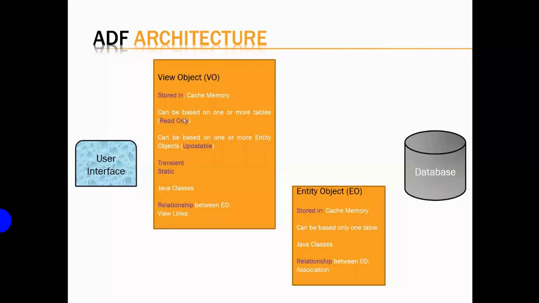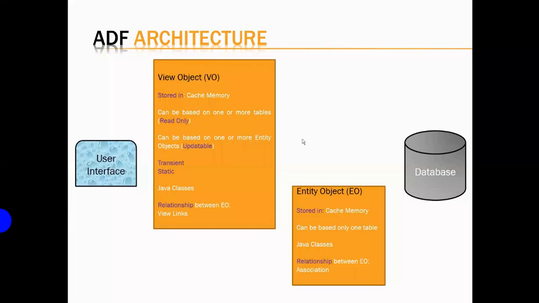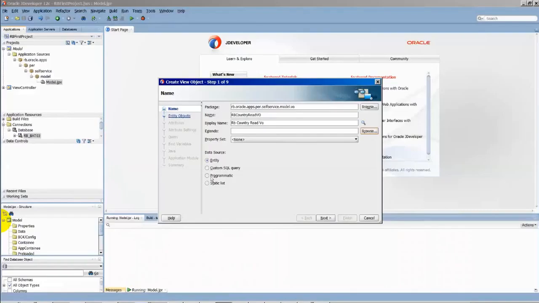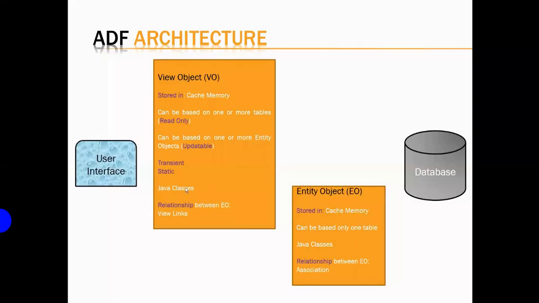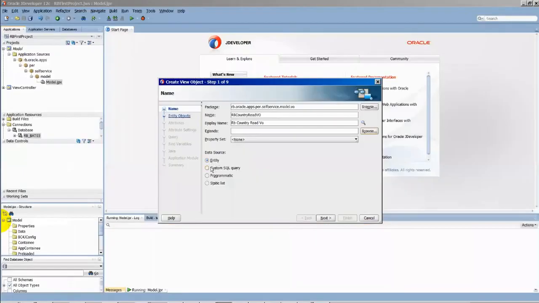That is a read-only VO. Or a programmatic one, where you derive the value programmatically, but that value won't be stored in any database table, and is held until the complete session ends. That is also called a transient view object. And if we have a static list, a constant list of values, then we can call it a static VO, right? In our case, as we are trying to get a read-only VO, I am going with the custom SQL query.